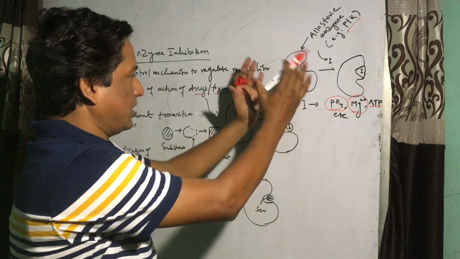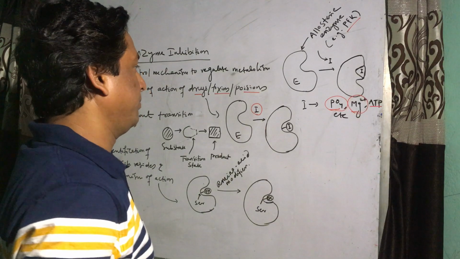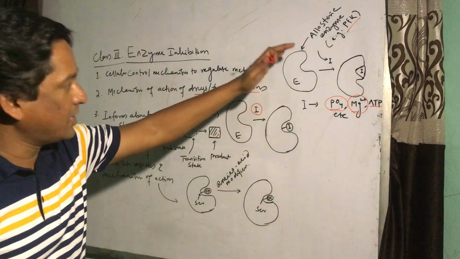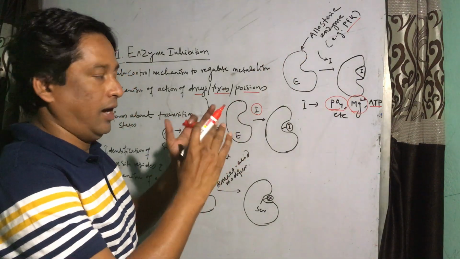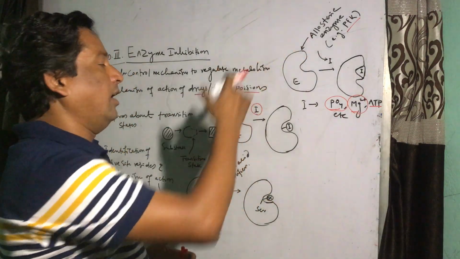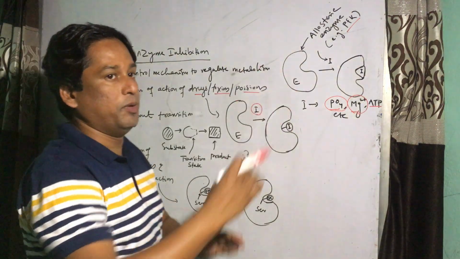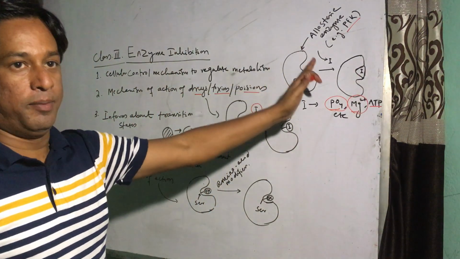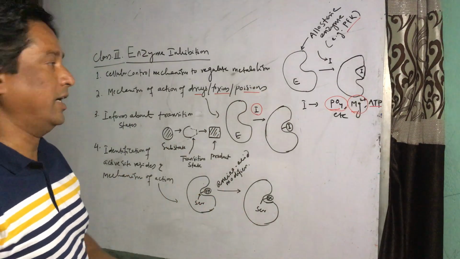Now they are conformationally changed so that the substrate can no longer bind to the enzyme, and this reduces the enzyme activity. And when the cells again need to reactivate the enzyme, they remove these groups so that the enzyme is again activated and the metabolic process will be faster. So this is a very important control mechanism. We'll be studying about this control mechanism later on in enzymology.